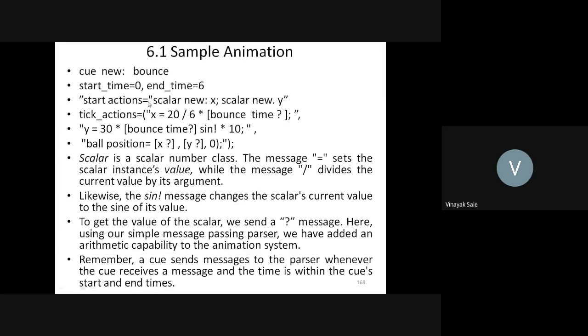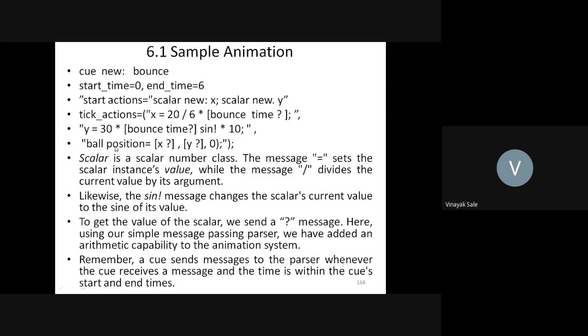So start action: set new x, that is scalar new x, scalar new y. So tick action: x is equal to 20 divided by 6 into bounce time. So y is equal to 30 into the bounce time sine curve into 10.